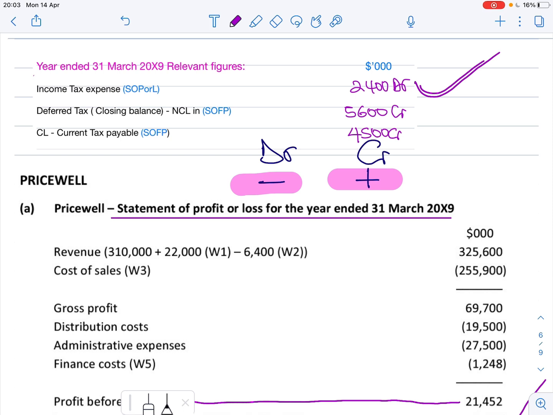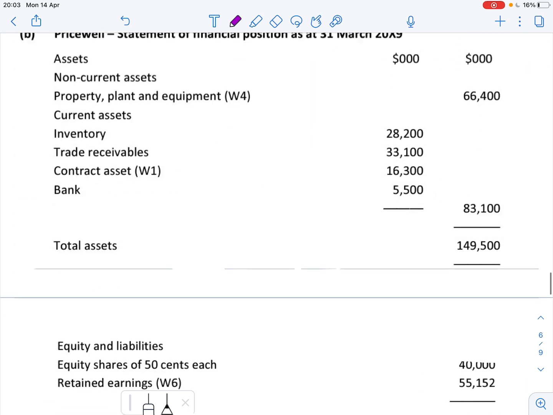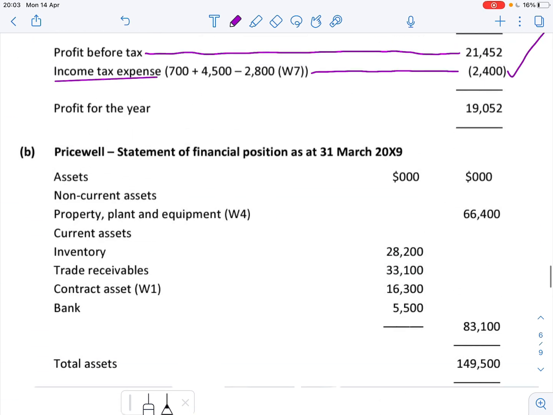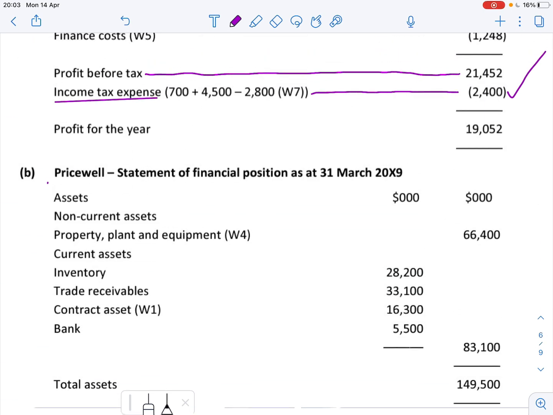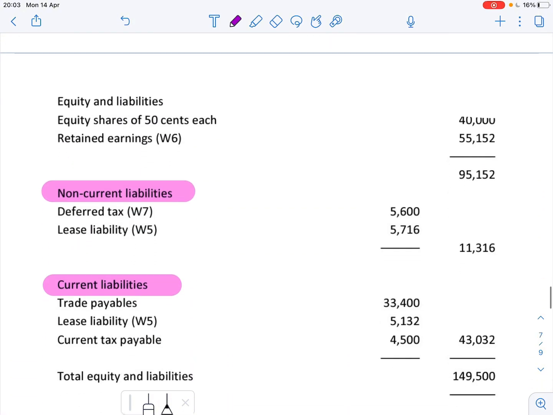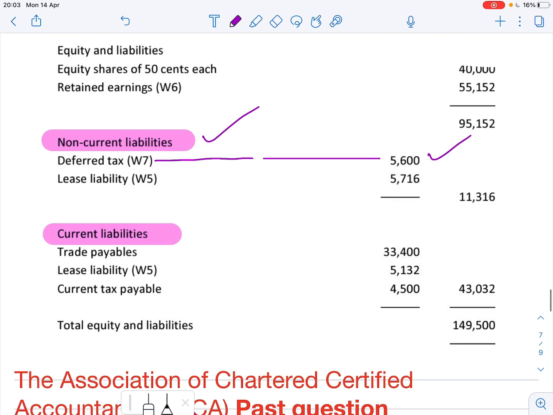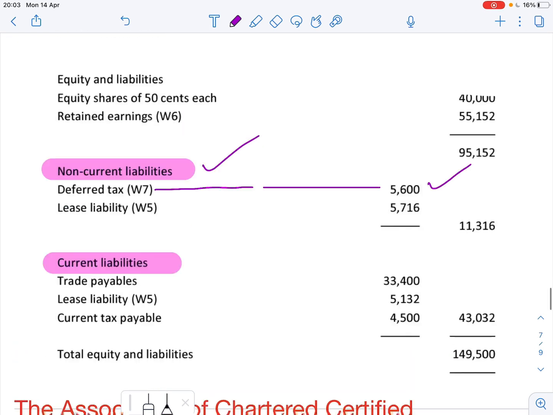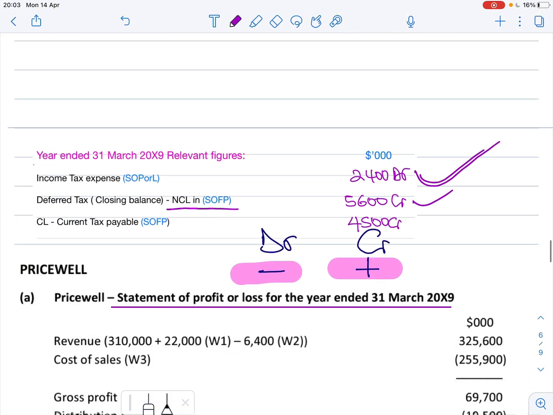Now the remaining two are items of the statement of financial position. So let's check this 56. The 56 is going to be an item of the statement of financial position under non-current liability. So we have the statement of financial position here, and we want to check under non-current liability. You see it's deferred tax 56. Good. And the other one is this 45.